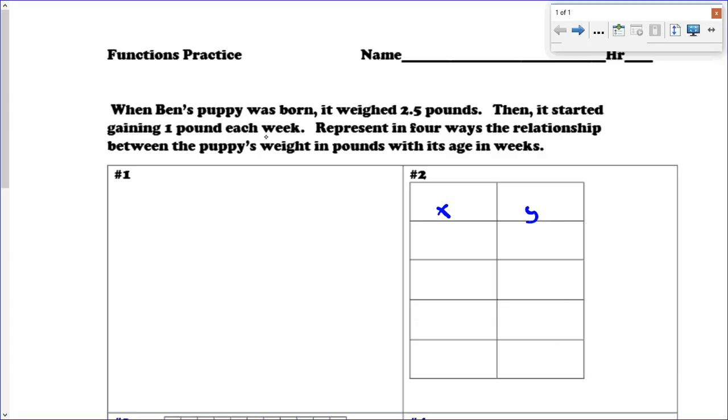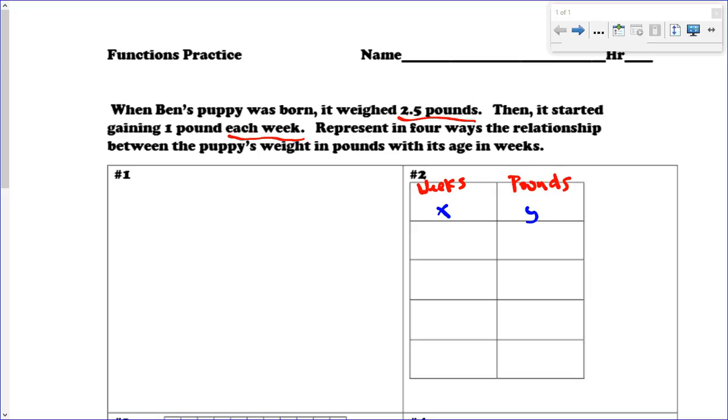There's the time in weeks, and then there are pounds. So time usually goes here in our X column, our input. It's the independent variable. So I'm just going to write weeks here. And then over here, I'm going to write pounds.